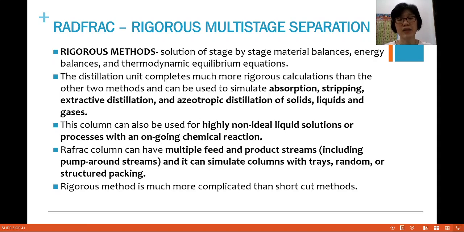So it is actually restricted in shortcut method. So a rigorous method, of course, can produce more accurate results, but the process simulation is much more complicated because the equation adopted is much more complicated.